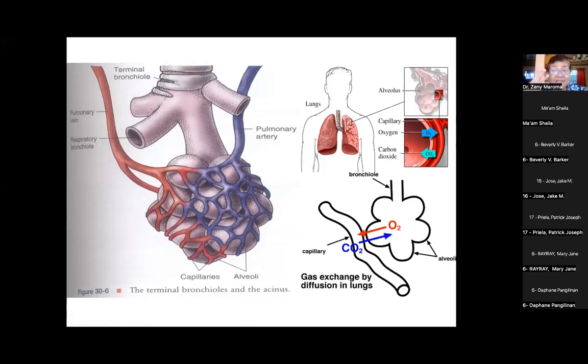Kasi yung hangin galing sa environment na pumasok sa lungs. Kaya, external respiration. While, nung dinala na ni hemoglobin, oxyhemoglobin, nakarating na sa cell, and in return, carbon dioxide is removed from the cells, yun na yung internal respiration.